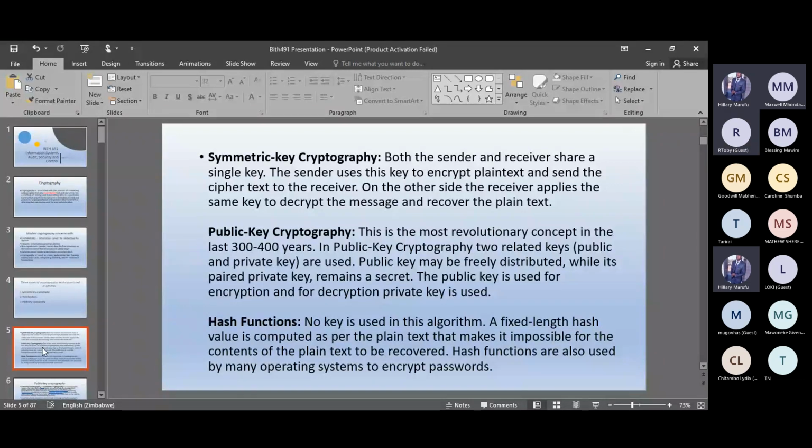There are algorithms that could be used for this type of encryption. But at the end of the day, the receiver and the sender both have the same key.